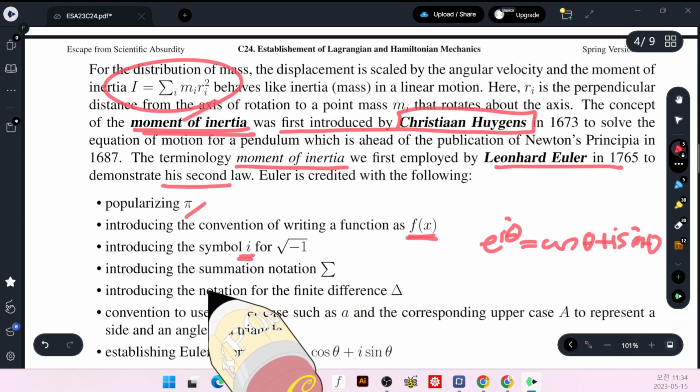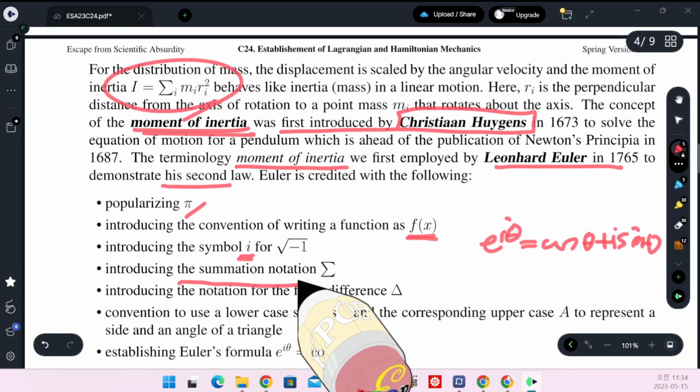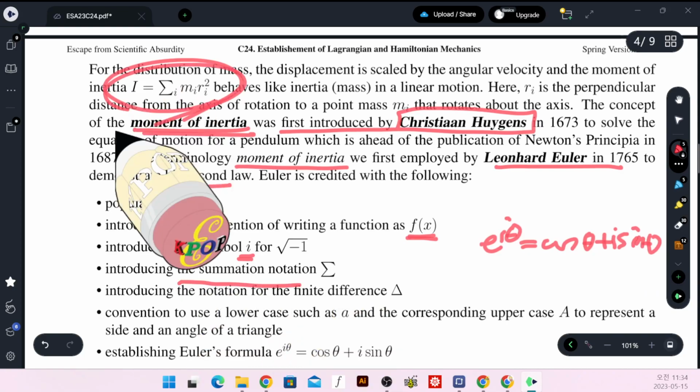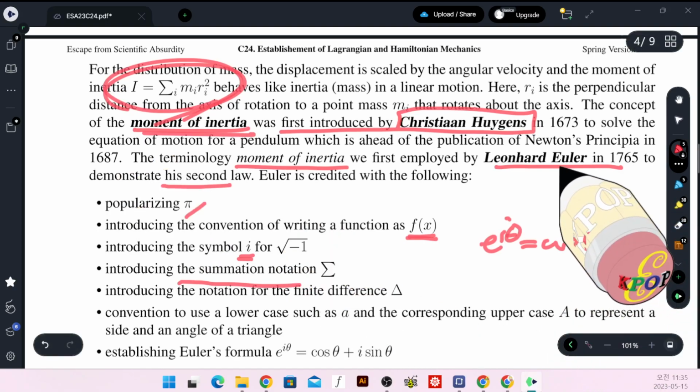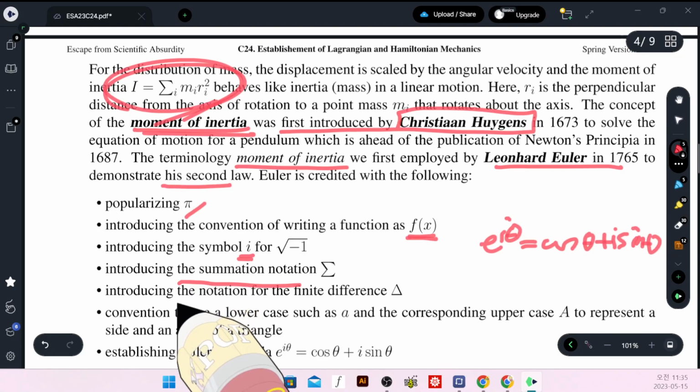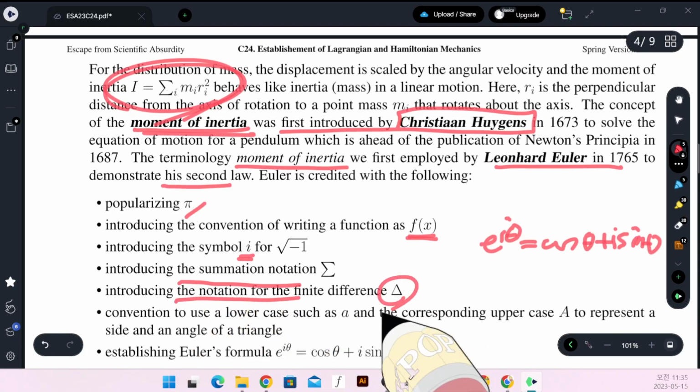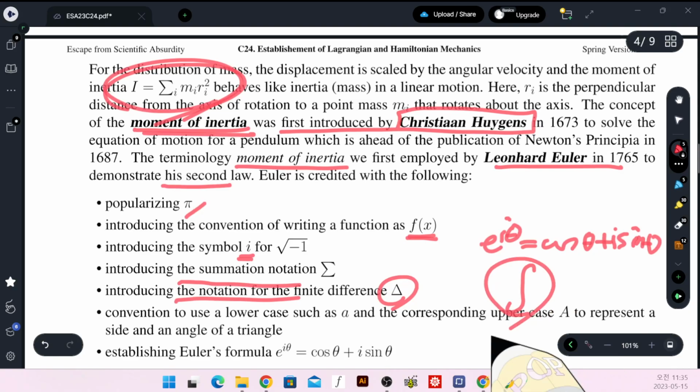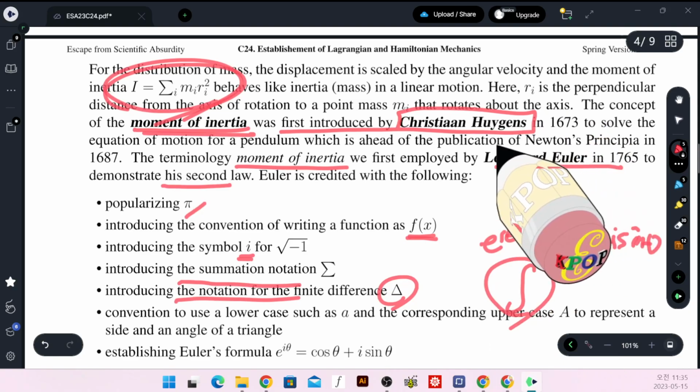He also introduced the summation notation, because it is very convenient to describe the motion of a rigid body by dividing it into many, many small pieces. He also introduced the delta notation for changing a function, the differential. And by the way, the integral notation was introduced by Leibniz.